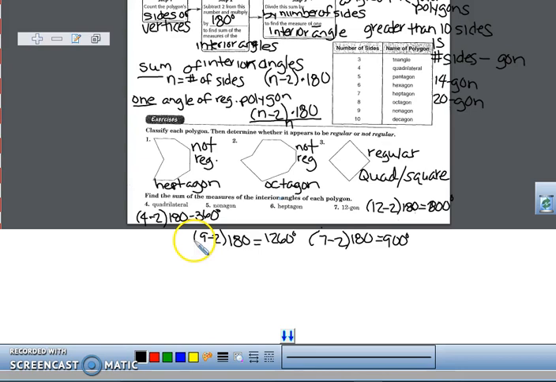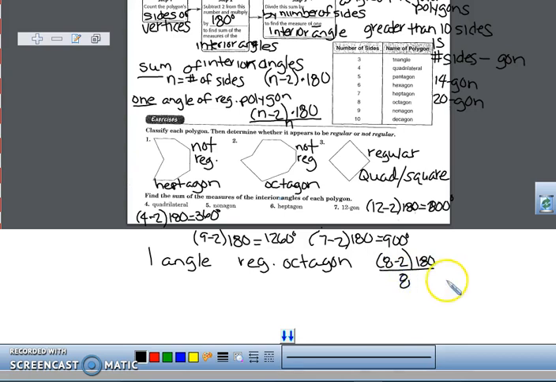And then as soon as it says the measure of an interior angle, if you wanted to find one angle of a regular octagon, you would do 8 minus 2 times 180, multiply out, and you would have 1080.